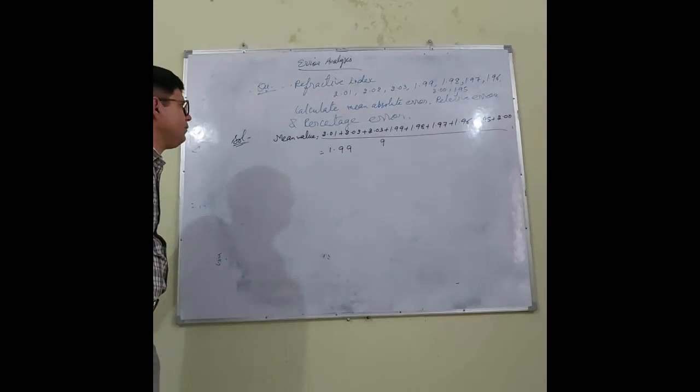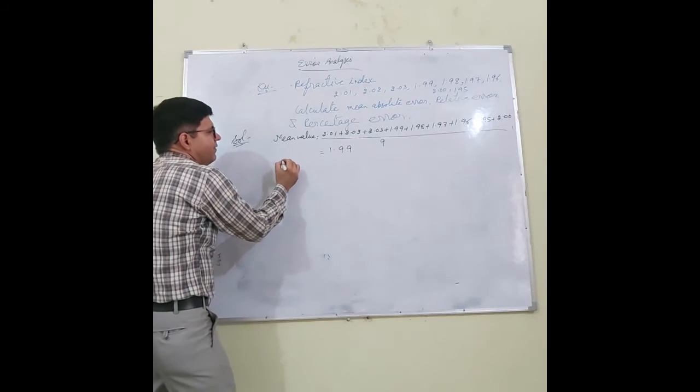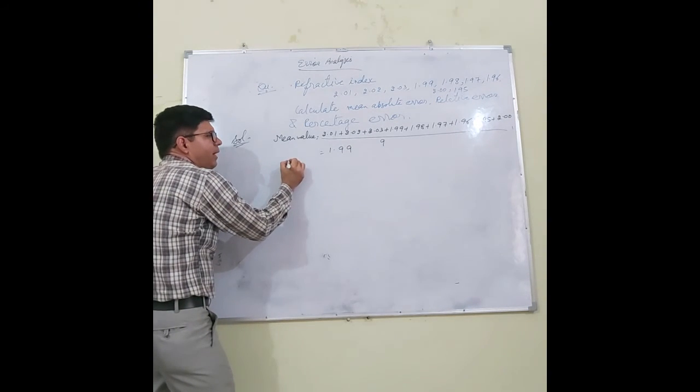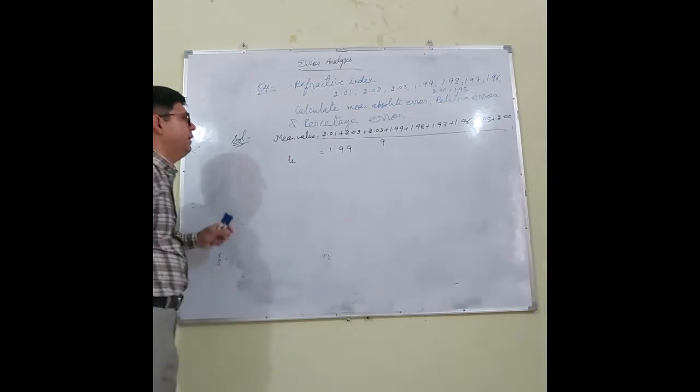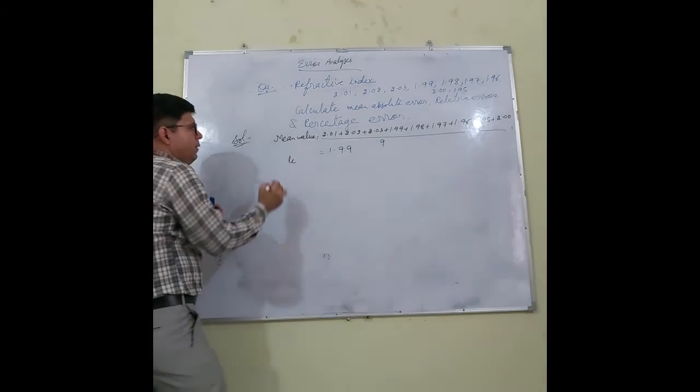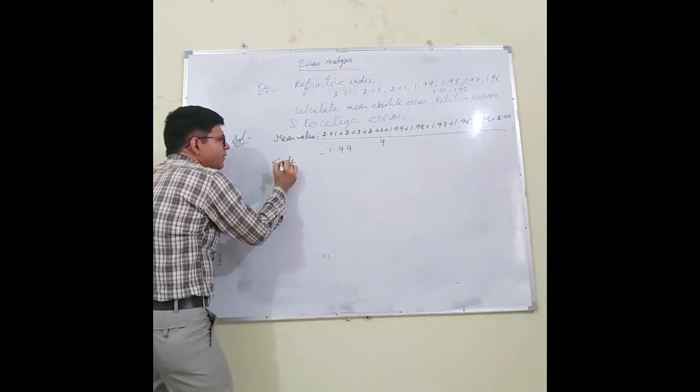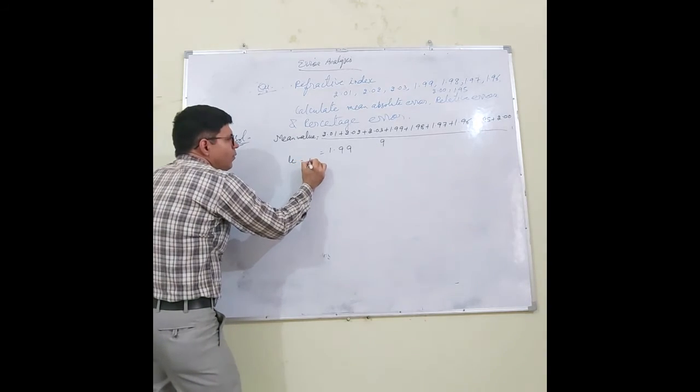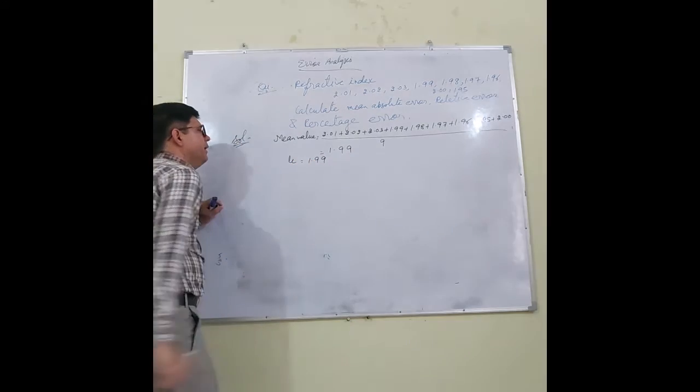Refractive index is denoted by the letter mu, as you studied in grade 10. So the real value comes to be 1.99.